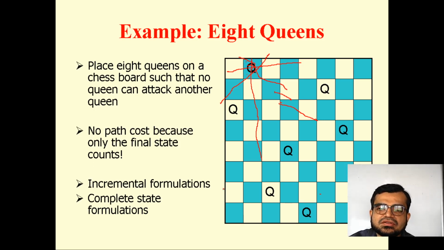You can observe that all the other queens have been arranged like this. This is just a solution that has been given here, but first we need to design the problem. If you see this queen, you can find that in the column wise, row wise or diagonal wise, you don't have any queens.